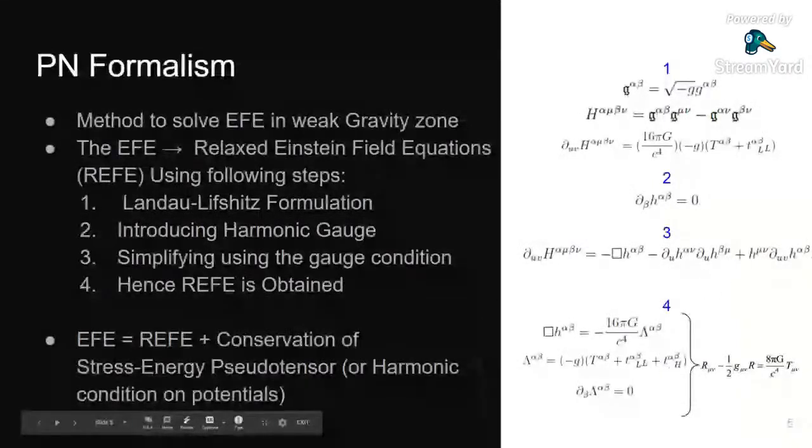So adding these two terms to the stress energy tensor gives us a new quantity, called lambda, and this is nothing but a new form of the Einstein field equation. So we are clear about what lambda actually is. Lambda is nothing but the stress energy tensor plus a couple of terms introduced because of a little more involvement of math.